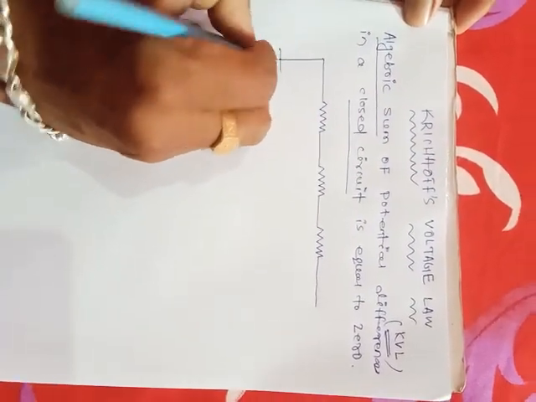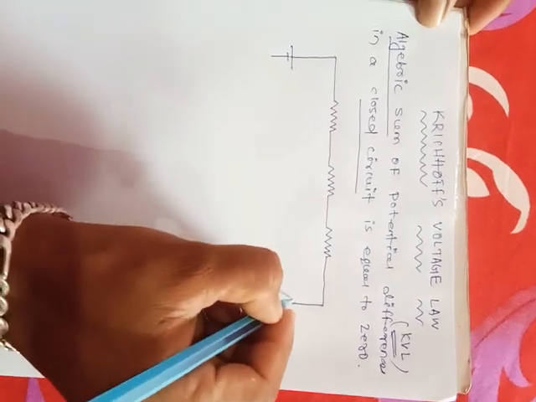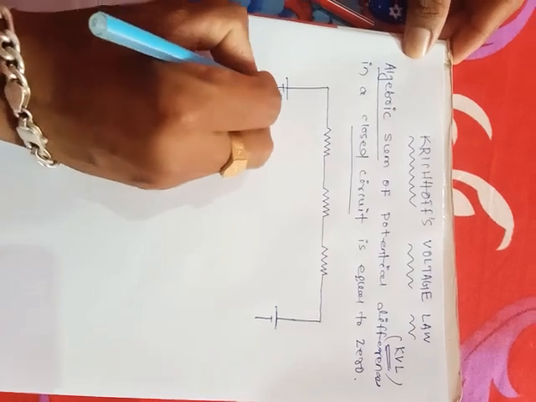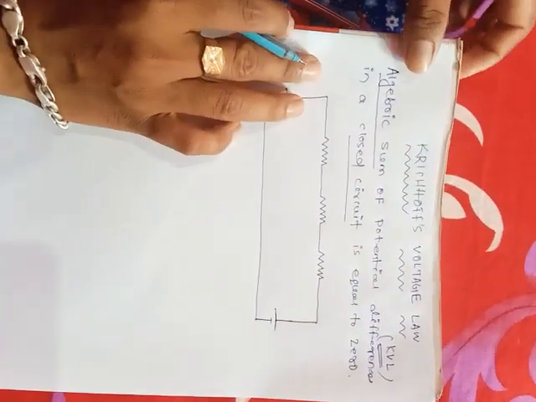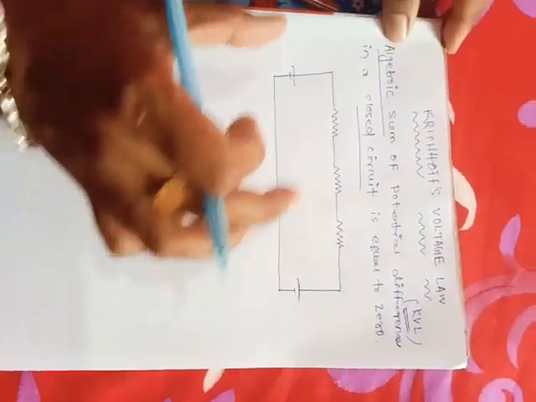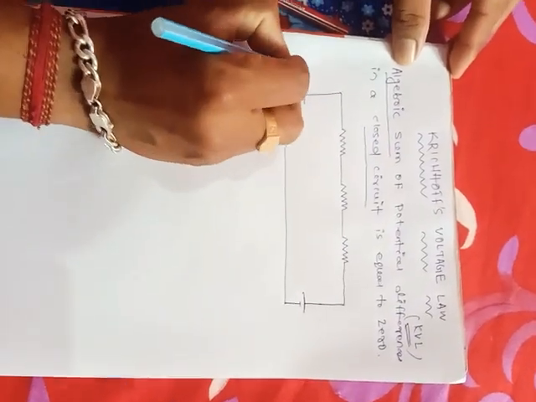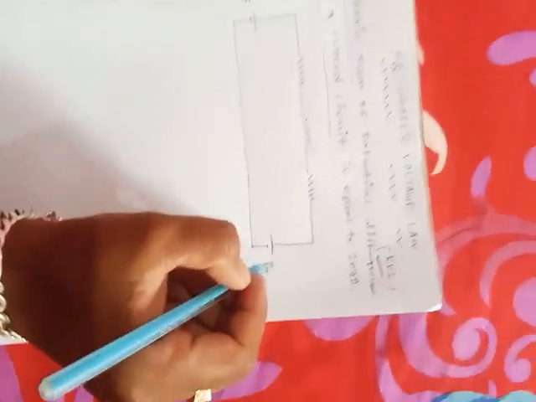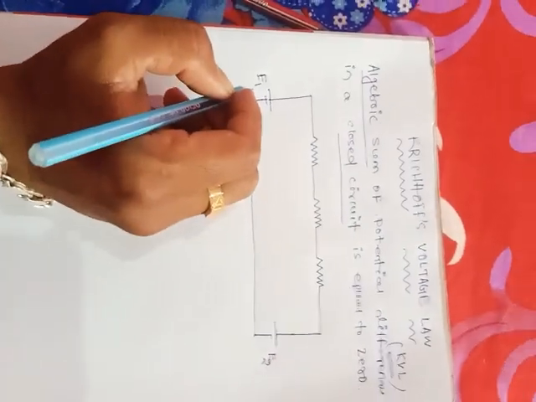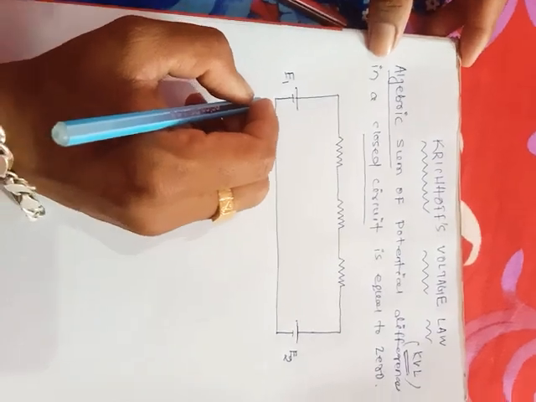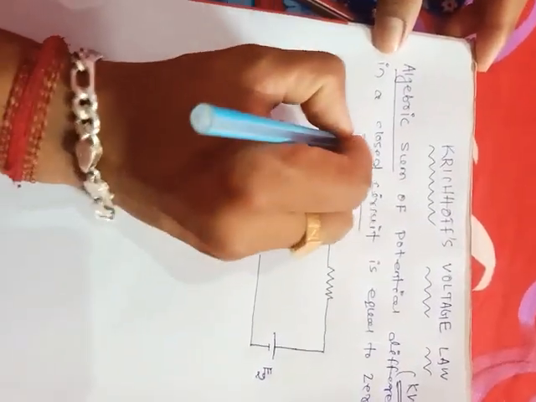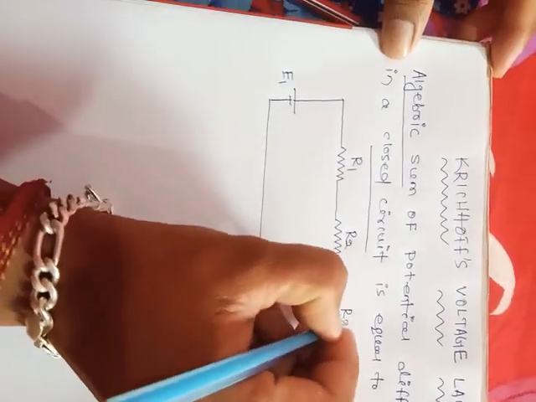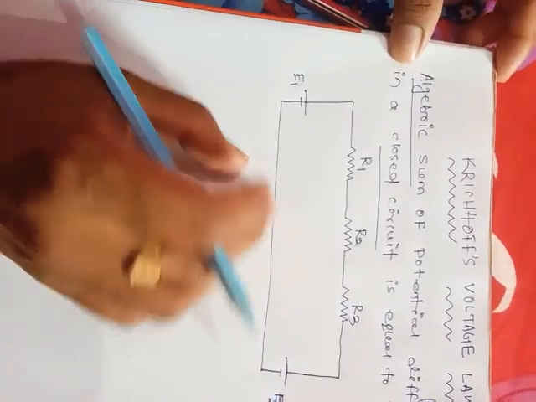In this circuit there are two battery sources, E1 and E2, and three resistances, R1, R2 and R3, connected in series.